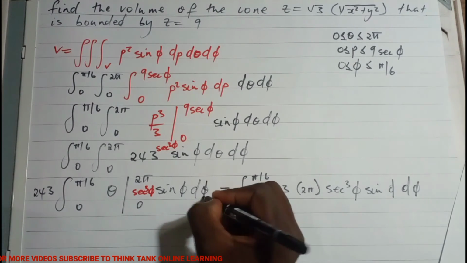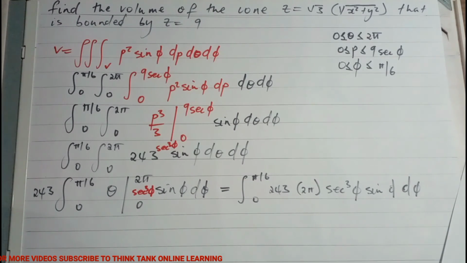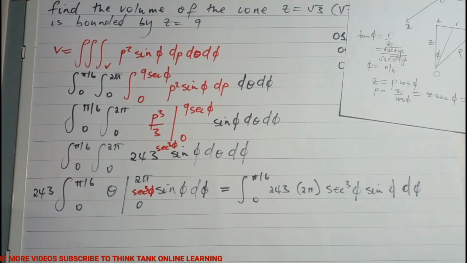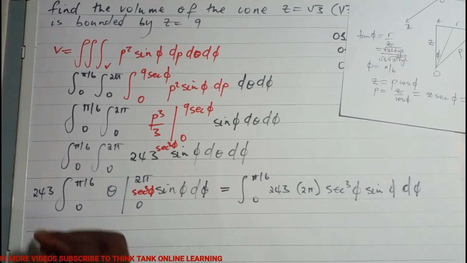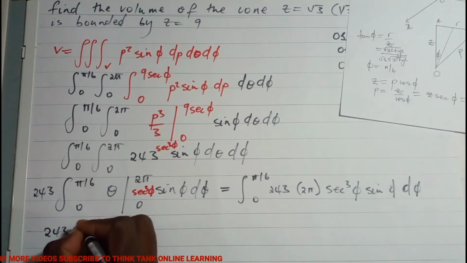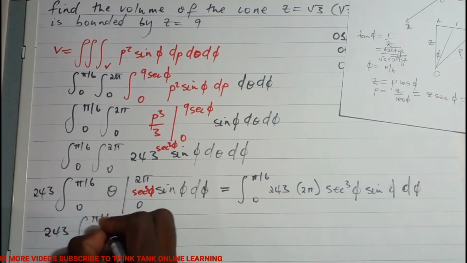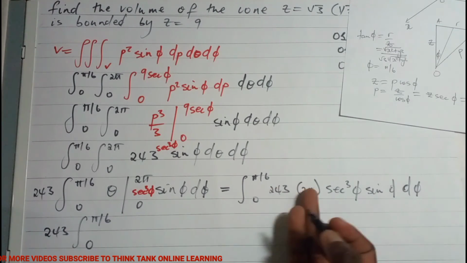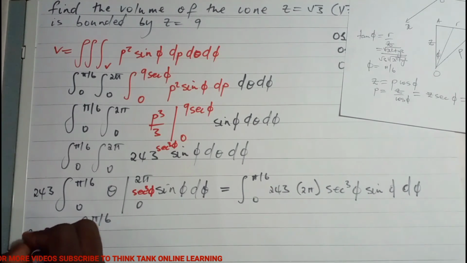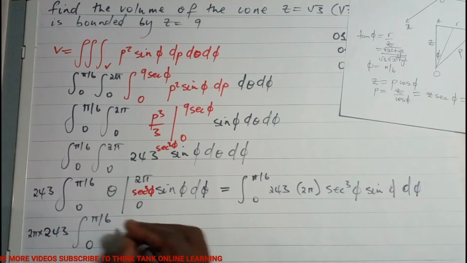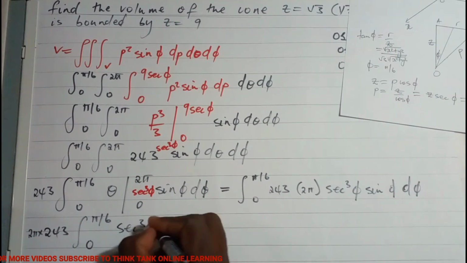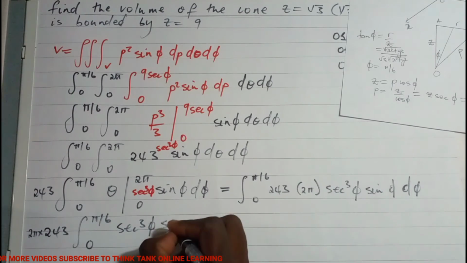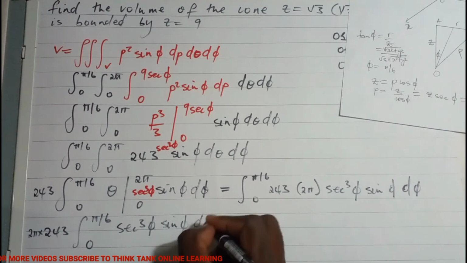And now as you can see, we're going to integrate with respect to phi. So let me write here 243, the integral from 0 to pi upon 6. You have 243 times 2, so I can say 2 pi times 243 secant phi sine phi d phi.